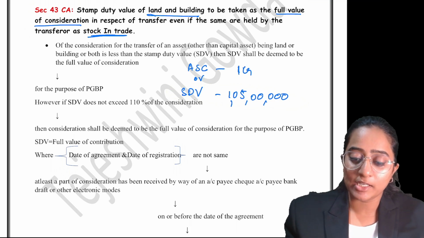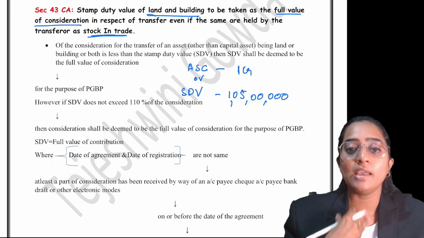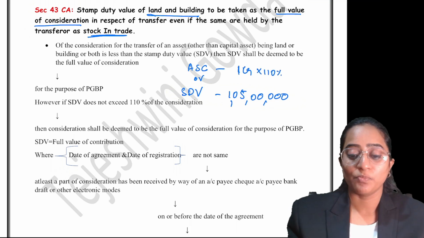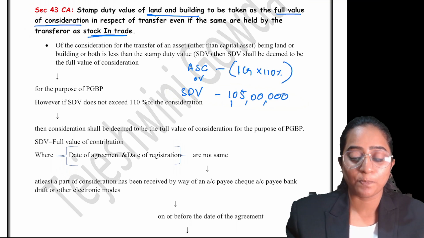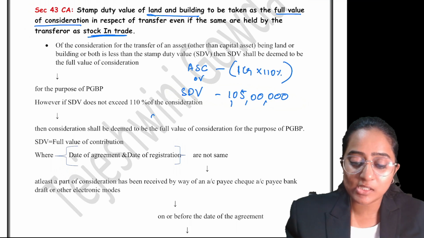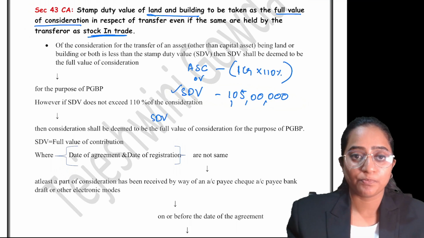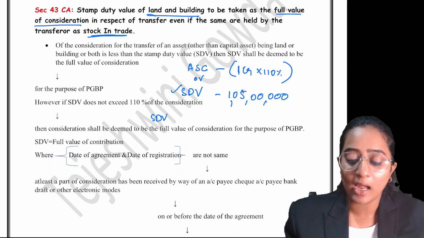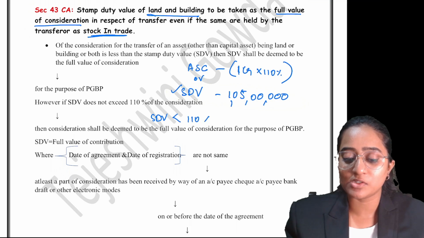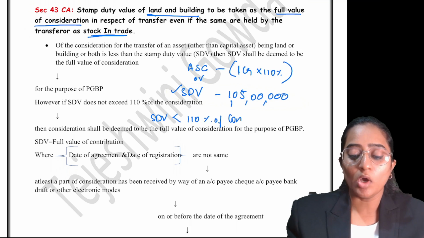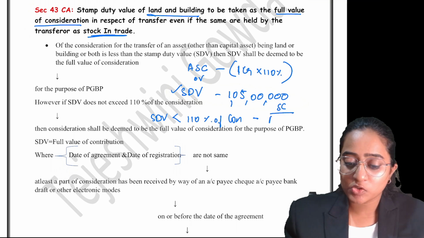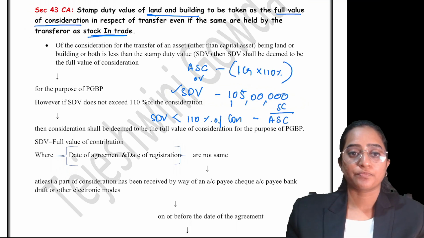If your SDV, whatever you are considering here, is equal to or less than 110% of your actual sale consideration, which you and I decided, then you are going to consider the sale consideration as your actual sale consideration only.